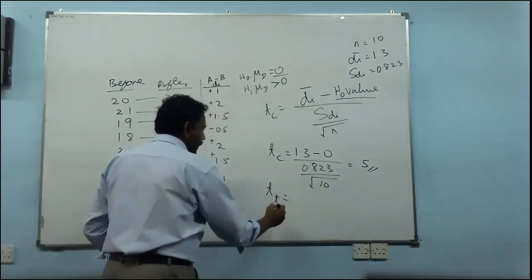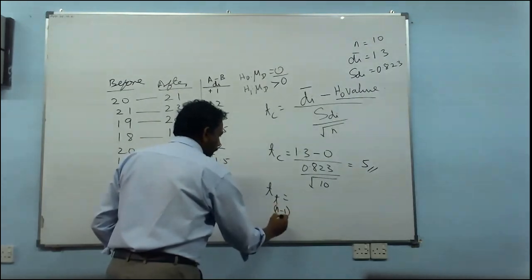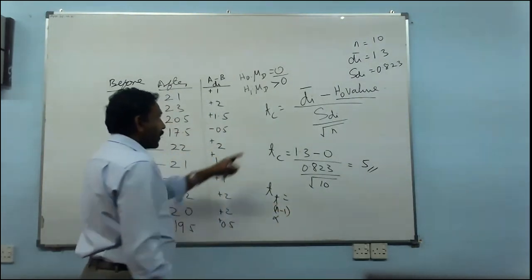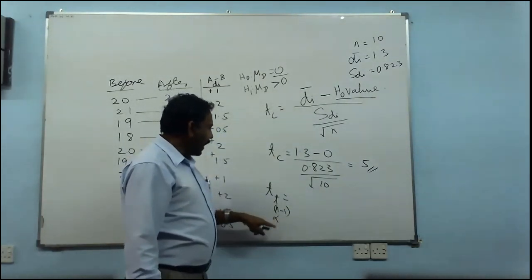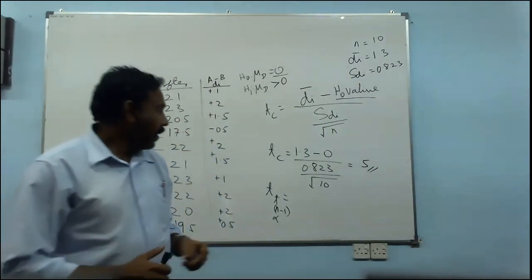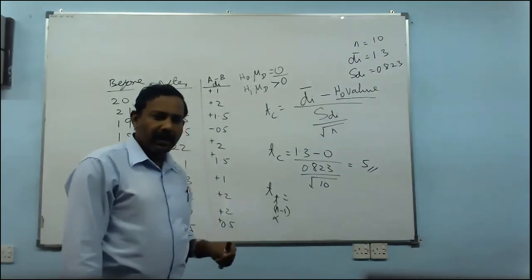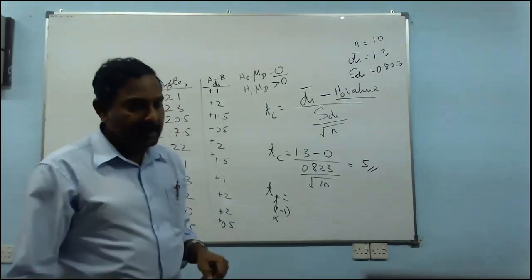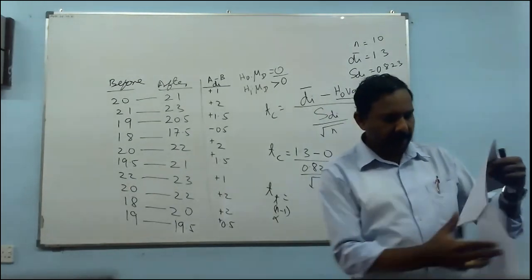The table value is with n minus 1 degrees of freedom and alpha, because it is a one tail test. Alpha is 0.05 and the degrees of freedom is 9. So take the T table and look at the value.